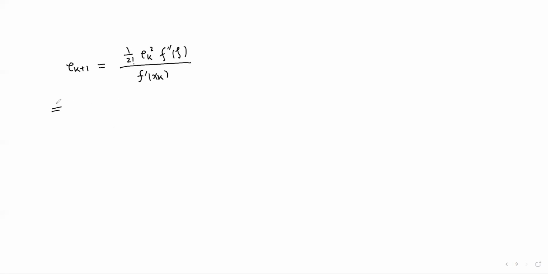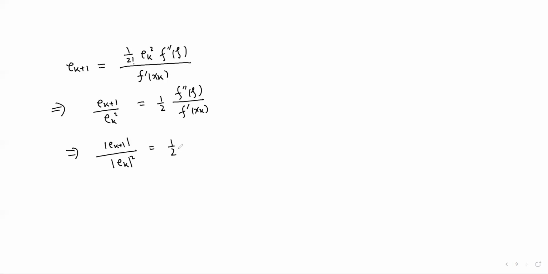Now from here, I move e_k squared to the left side, so e_{k+1} over e_k squared is equal to 1/2 f''(psi) over f'(x_k). Now take absolute value. 2 factorial actually is 2.